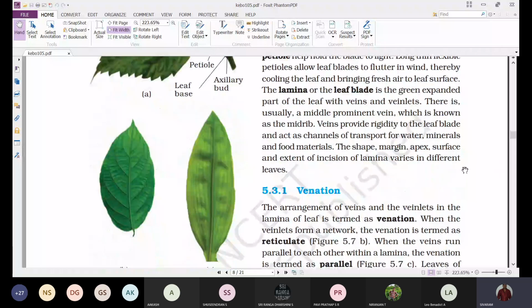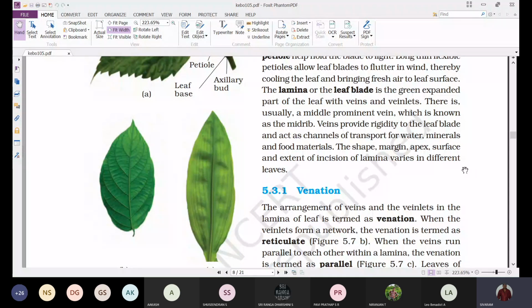There is usually a middle prominent vein, which is clearly visible, thick and large. This middle prominent vein is known as the midrib. Along with that we will also find the lateral veins and veinlets.